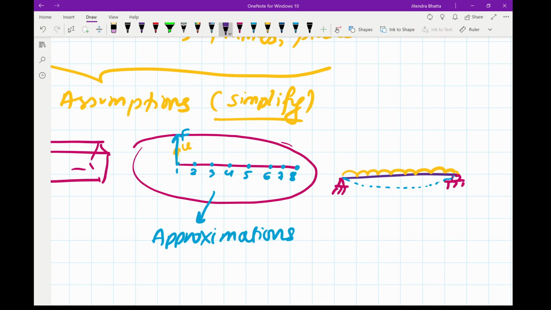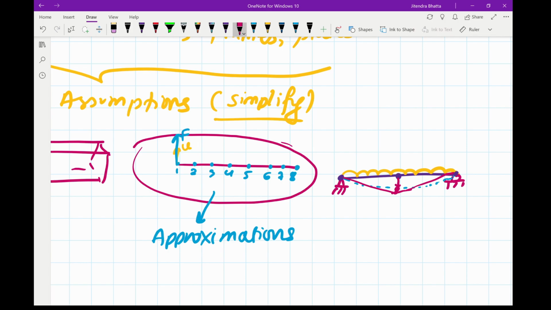Now in FEM, as I said earlier, the solutions are approximations at certain points. For example, let's say you are only solving at this and this point. Then you'll get a value of displacement up to here. Now when you connect these points, you'll get a line which is linear rather than a curved one.